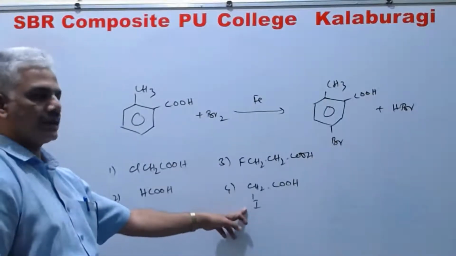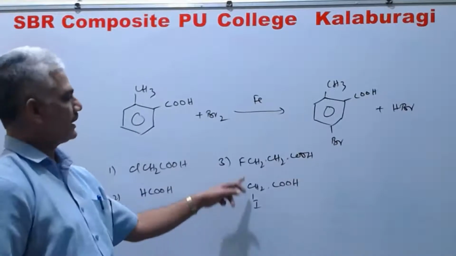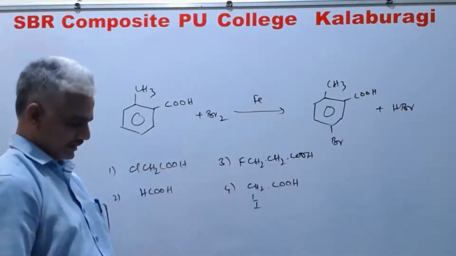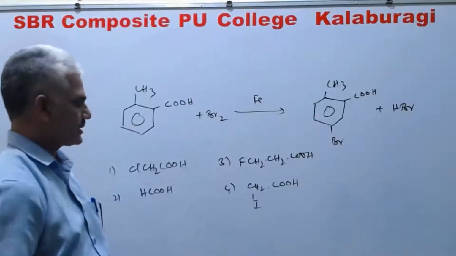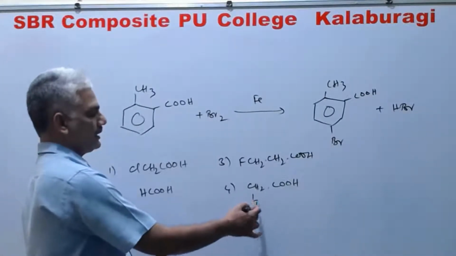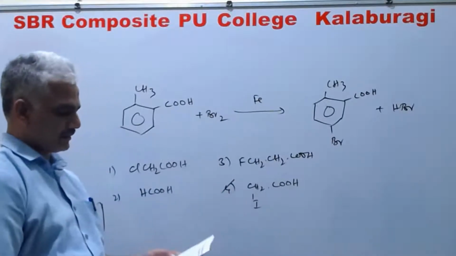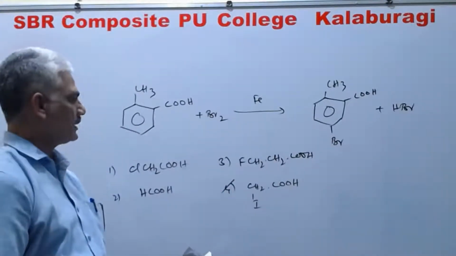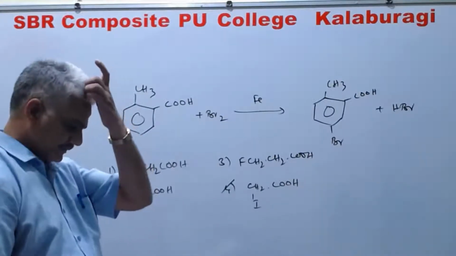Halogens act as electron withdrawing groups, and the withdrawing capacity decreases from fluorine to iodine. Here we have to identify the weakest acid. The minus I effect of iodine is the least. Therefore, it will be the weakest acid among the given four options.